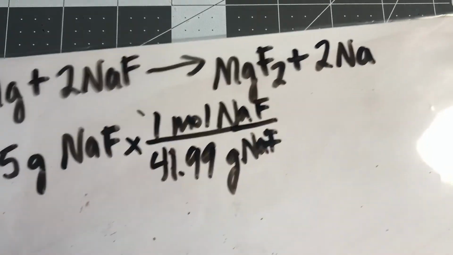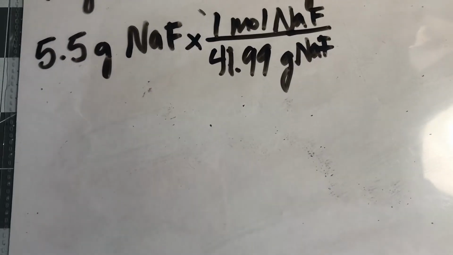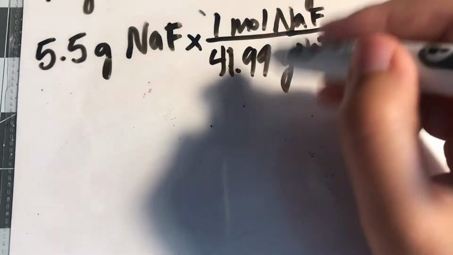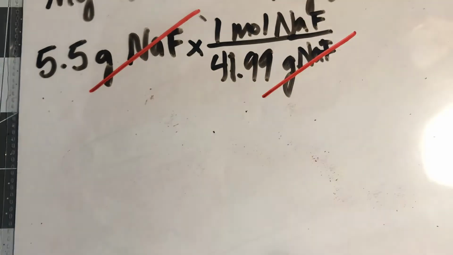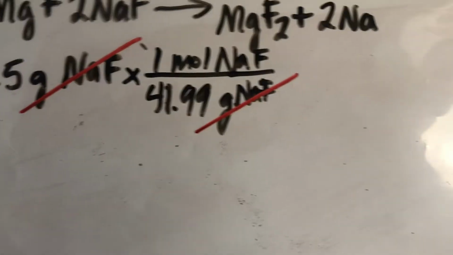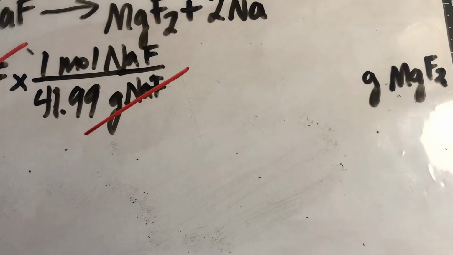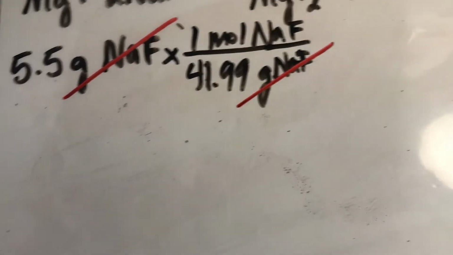So after we have that, we cancel out our grams of sodium fluoride. That's done. We're left with moles of sodium fluoride. And if you recall, we're trying to get to grams of magnesium fluoride, so we still have a little way to go.